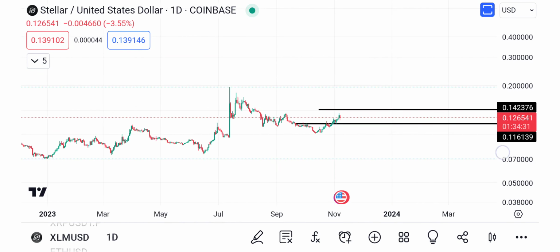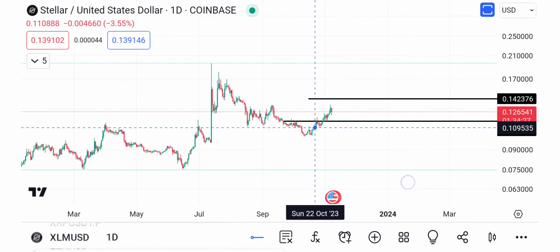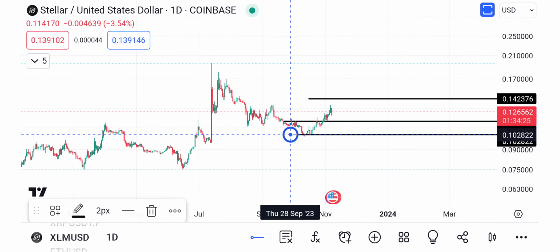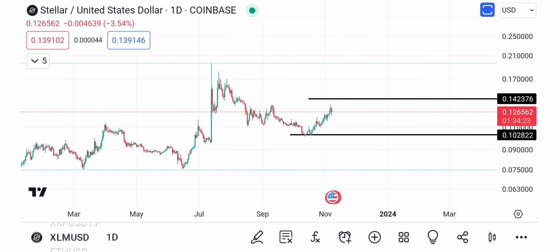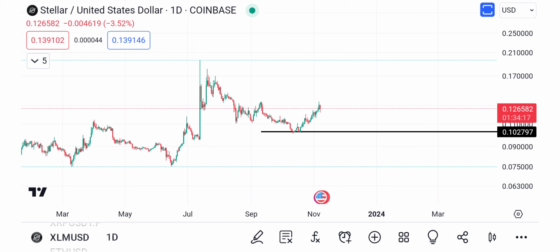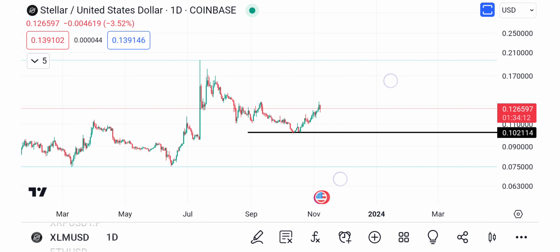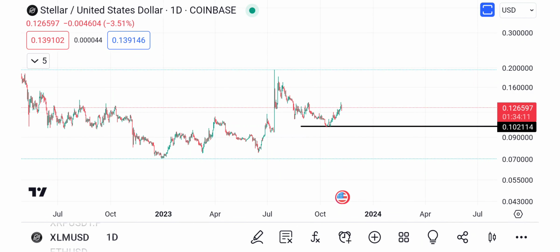If we wanted to look at this bearishly, you would take out this low right there, so that's the low we want to hold. We want to hold 10 cents. If we start breaking below 10 cents and then 9 cents, that's going to be bad, because then it basically invalidates the whole structure, the last year of price action.